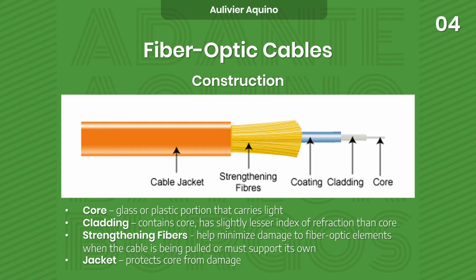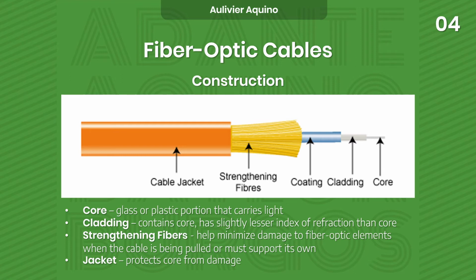Silica is just another name for glass. Comparing glass and plastic, glass has superior optical characteristics but is expensive and fragile. Plastic is less expensive and more flexible but has greater attenuation. Furthermore, light will travel a farther distance in glass than in plastic.